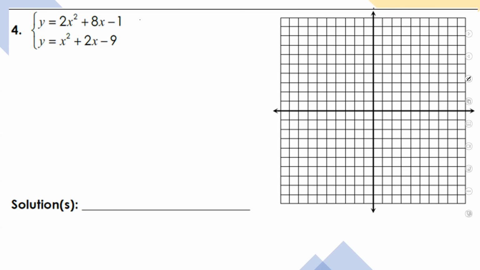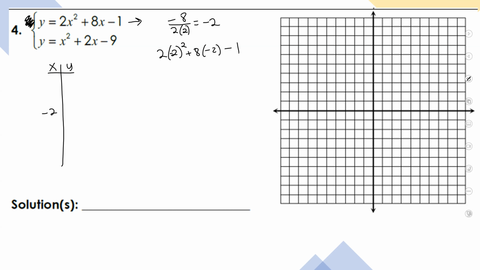Okay. So for this first one, the vertex, we have to do negative b over 2a, and we'll get negative 2. So the x value of the vertex for my first equation, I'm going to use black for my first equation, is negative 2. Now we'll plug this in to find the y value. So if I plug in a negative 2 here, this will be 8 minus 16 minus 1.